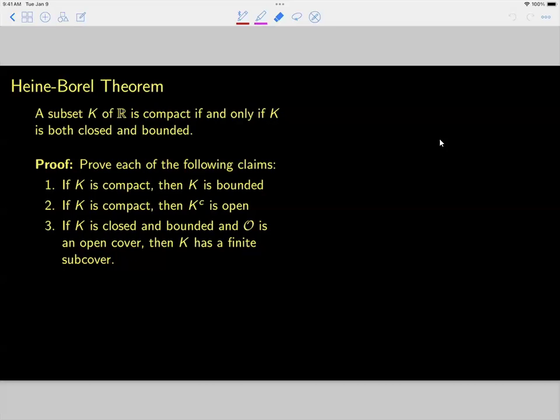Okay. Now, the goal of this video is going to be to prove this theorem. I think it's a really nice theorem to work through. It gives us an opportunity to get a little hands-on with the definition of compact, but also go back to some of those definitions that we saw last time about open versus closed versus accumulation point.